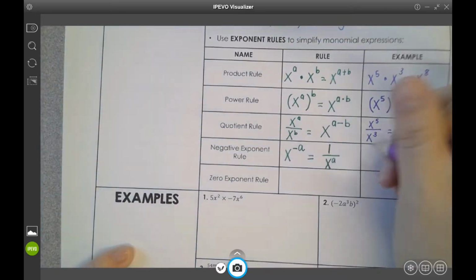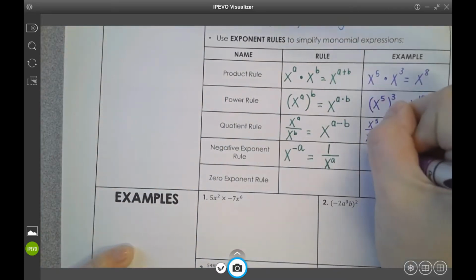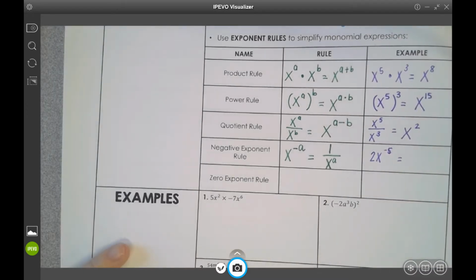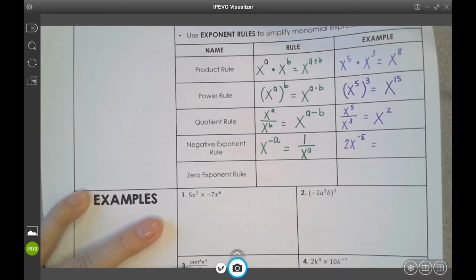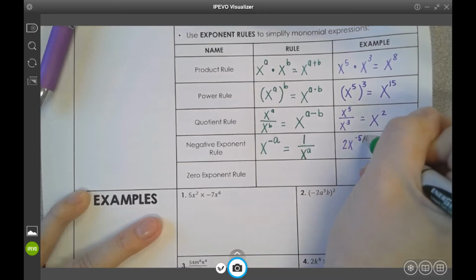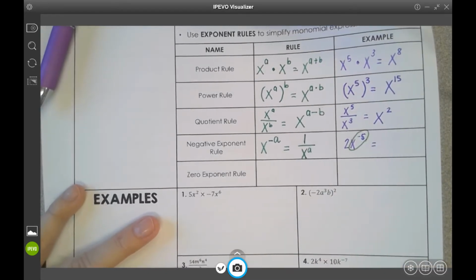So, for example, let's do 2x to the negative 5th. I want to show you something. 2x to the negative 5th power. The only thing that moves is the x. That 2 does not move with it.